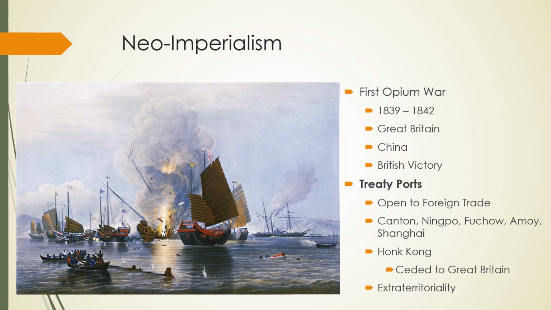China is ruled by Manchurians, and that is why in that previous slide when it showed those European powers carving up China, it showed the guy with the long fingernails with his hands raised. That would be a Manchu, so that would represent the Qing dynasty that rules China. So just be aware, China is not ruled by a Chinese dynasty. It's ruled by a Manchu dynasty called the Qing dynasty.